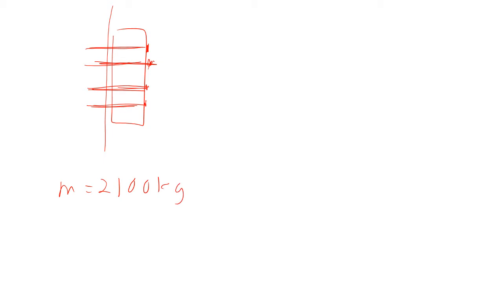Let's say that each bolt here has a diameter of 4 millimeters and has an ultimate strength of 3.6 times 10 to the 8th newtons per square meter. So I want to know what's the minimum number of bolts that this thing can hold.